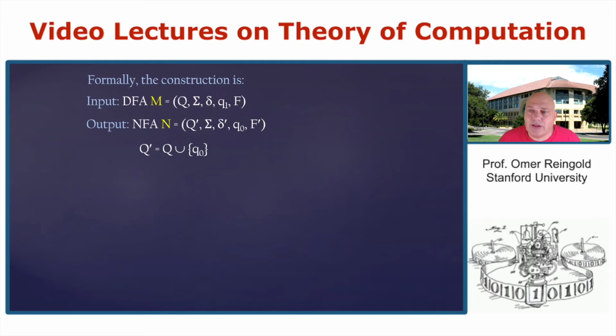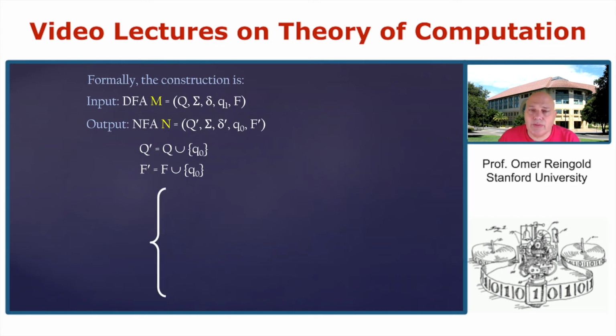That's the one that allows us, as we said, to accept the empty string. What about the accept states? The accept states are going to be exactly the accept states from before, but also this new start vertex, which has to be an accept state since its own purpose was to accept the empty string.